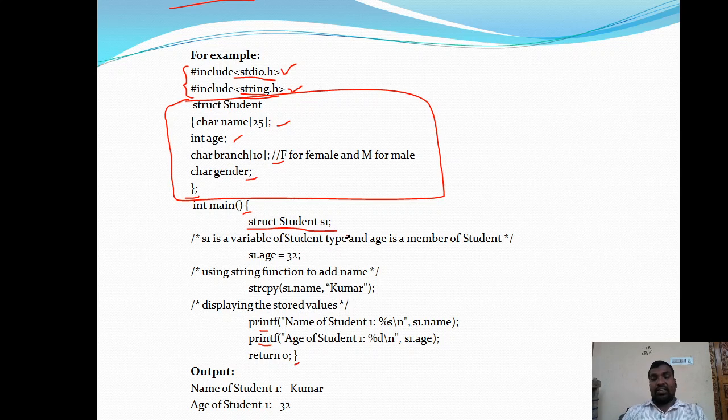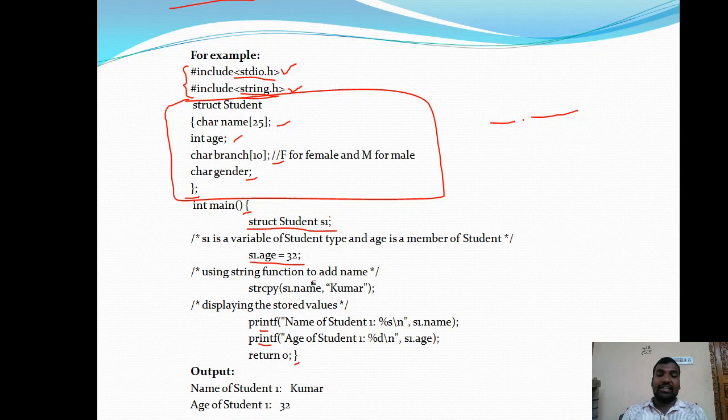If we want to access any of the members of this student structure, that can be done with the help of this structure variable. So write the structure variable name followed by a dot followed by the member variable name. Here s1 dot age is equal to 32, so I am assigning the age of a student.